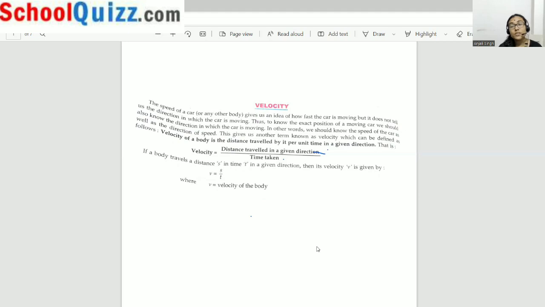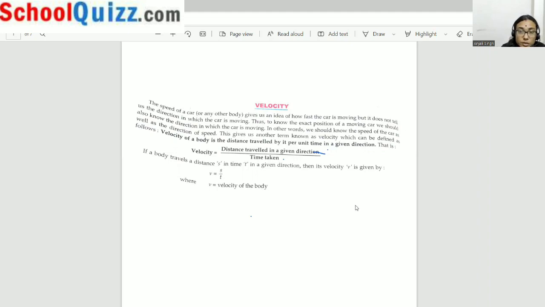You can write it in the form of distance as well as in the form of displacement. But when you write distance, it is very much necessary that you mention the direction also. Clear, everyone? The speed of the car gives how the car is moving, either fast or slow. Now, what will be the SI unit?